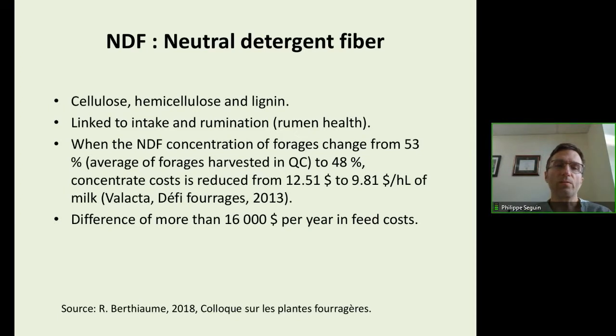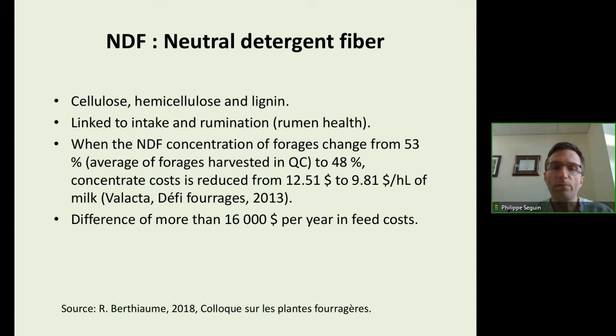According to a study conducted by scientists from Valacta a few years back, when the NDF concentration of forages changed from 53%, which is the average of forage harvested in Quebec, to 48%, the concentrate cost was reduced from $12.5 to $9.8 per hectoliter of milk.